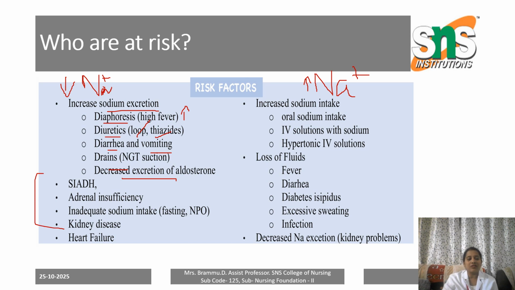Certain disorders such as syndrome of inappropriate antidiuretic hormone, and then you have adrenal insufficiency, and in certain cases fasting or nil per oral due to inadequate sodium intake, or might be in case of renal diseases such as renal failure and heart failure.